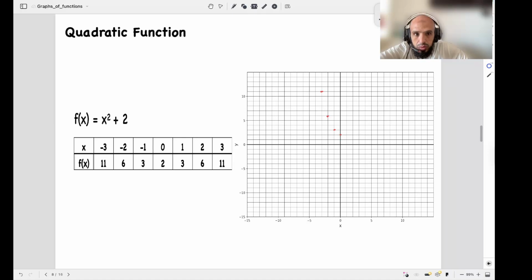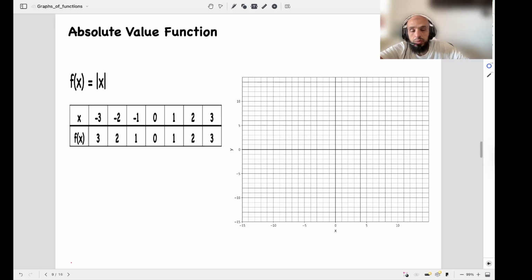For 0 it's 2, and then since this is an even function and symmetric about the y-axis, as we explained in the even and odd functions video that you can check in the playlist that will appear in the description, it will look like a parabola facing upwards like that, but shifted by this amount upwards.